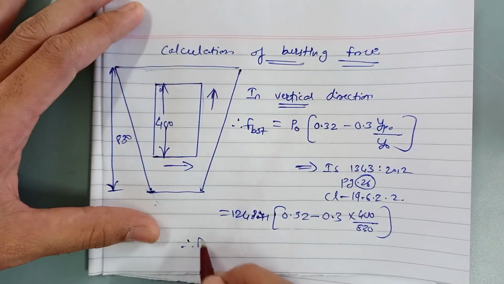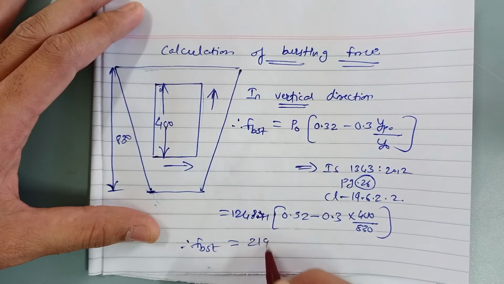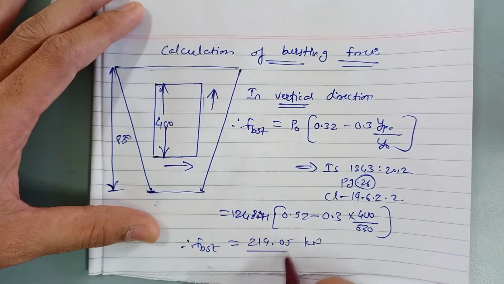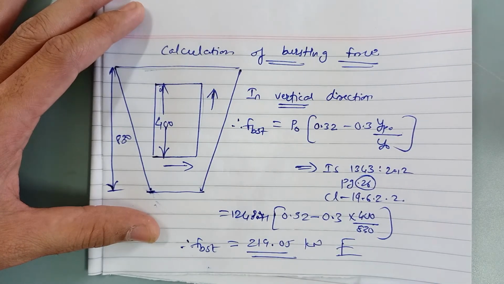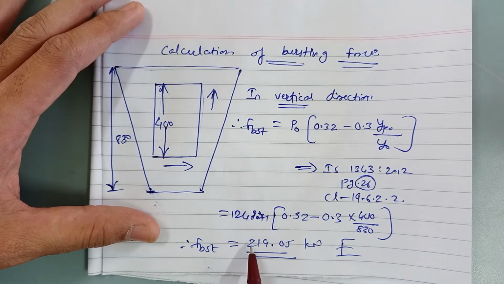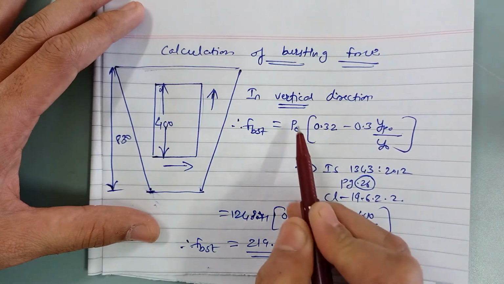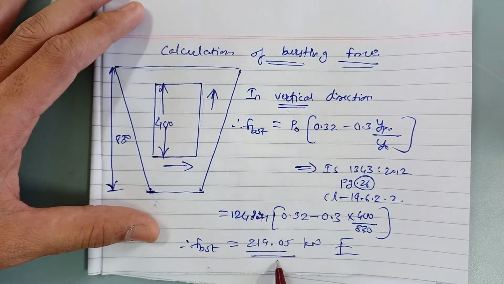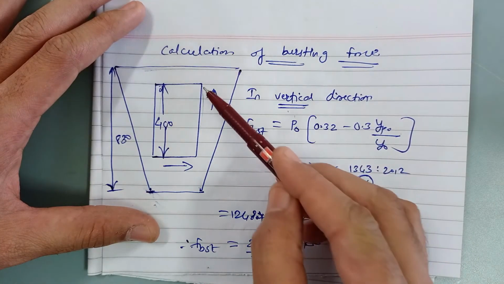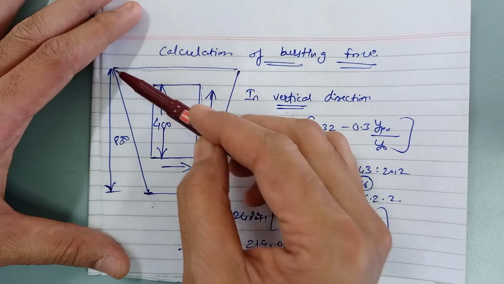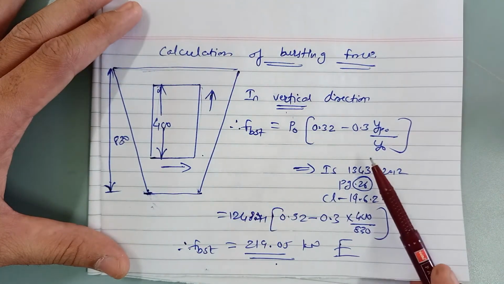On calculation we get FBST as 219.05 kilonewton in vertical direction. This is the bursting force. While calculating vertical direction bursting force, we consider YPO as depth of the bearing plate, and corresponding depth of the overall section will be YO.